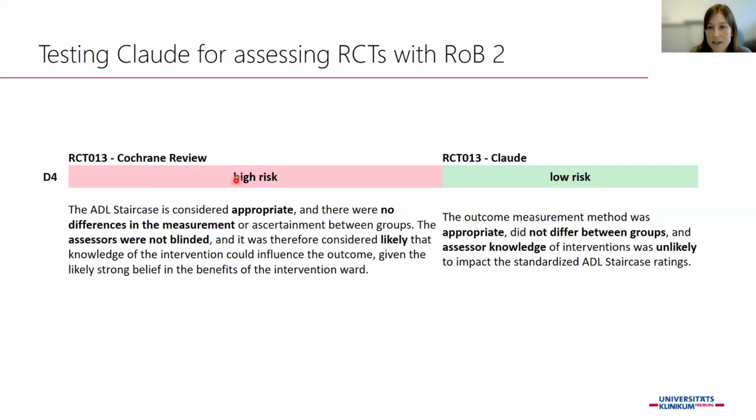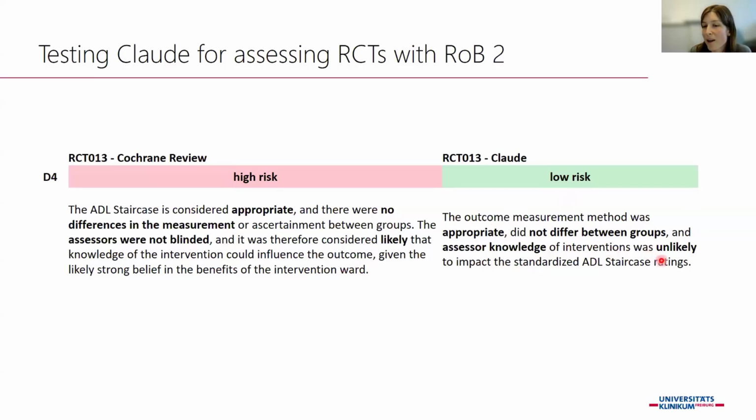And what is really interesting here is that Claude provided nearly the same information: that the measurement method was appropriate, it did not differ between groups, and Claude also detected that the assessors were not blinded.